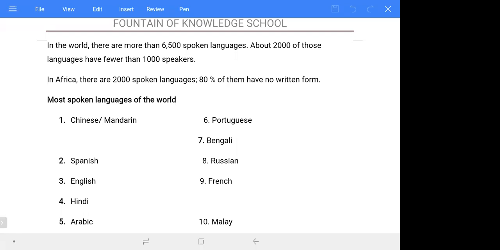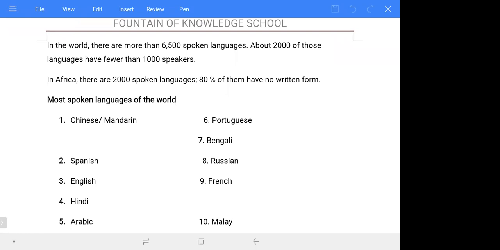Let's take this number, more than 6,500 spoken languages. And of these languages, 2,000 of them have fewer than 1,000 speakers. That means from 6,500 spoken languages, 2,000 of them have few speakers.